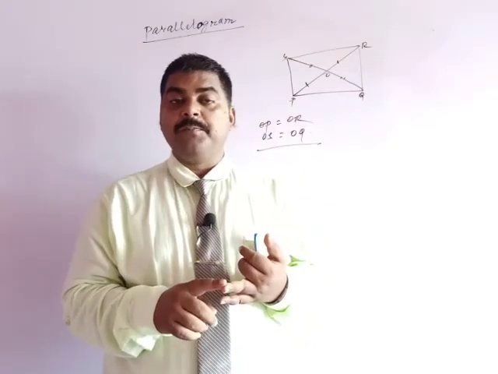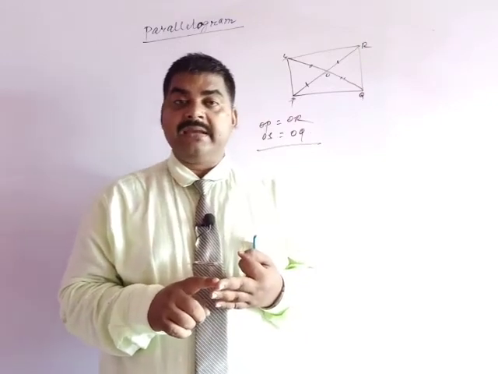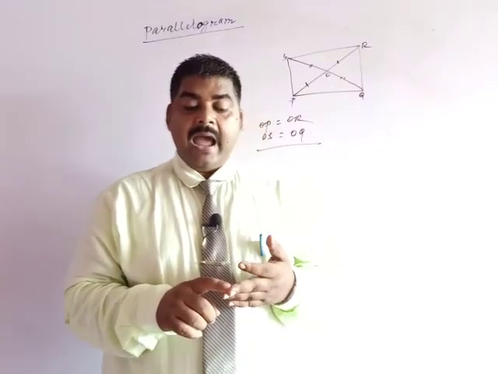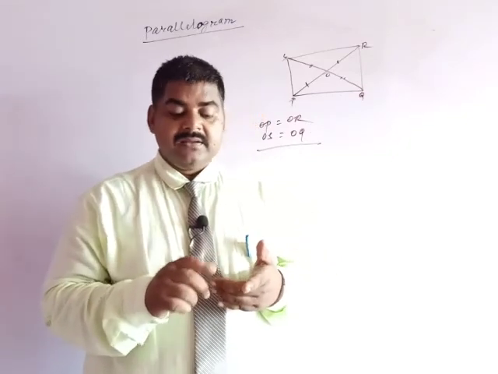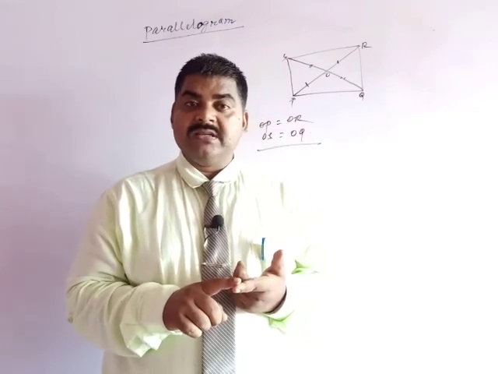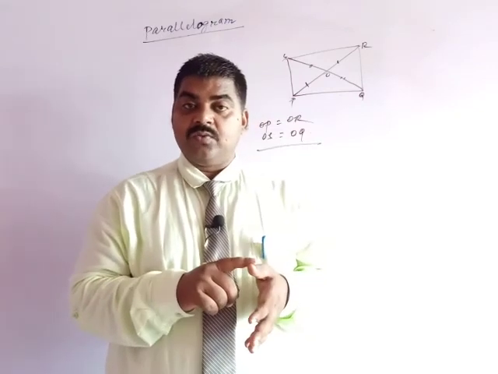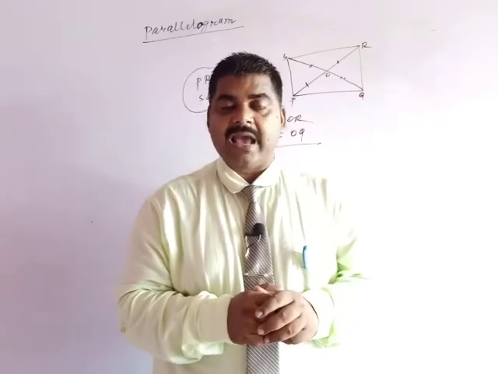Second, opposite sides must be equal. Third, opposite angles must be equal. And the last two properties are related to diagonals: the diagonals bisect the opposite angles, and the diagonals also bisect each other.